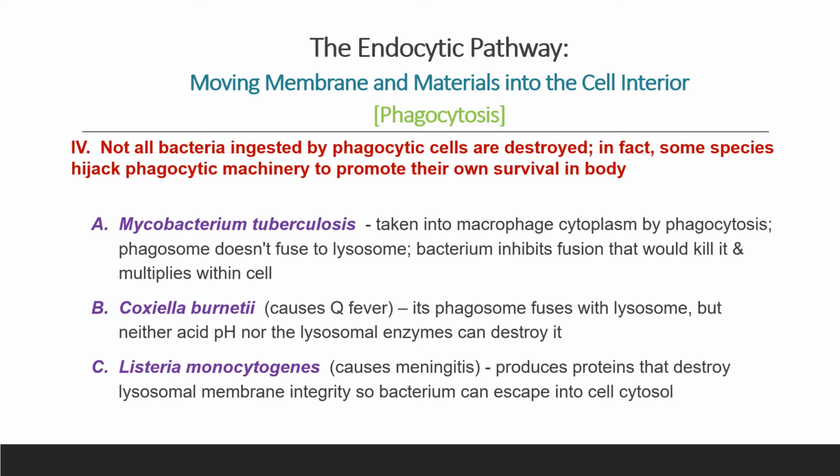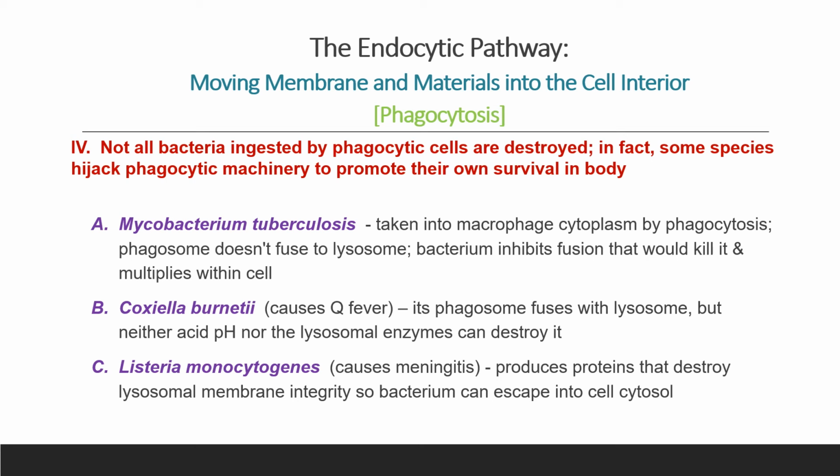So not all bacteria ingested by the phagocytic cells are destroyed. In fact, some species hijack phagocytic machinery to promote their own survival in the body. For example, we have the Mycobacterium tuberculosis, which is taken into macrophage cytoplasm by phagocytosis, and the phagosome doesn't fuse to the lysosome. So the bacterium inhibits the fusion that would kill it and multiplies within the cell.